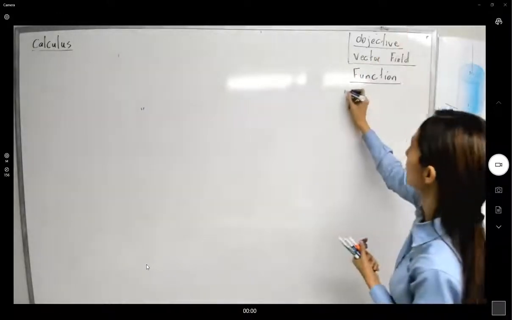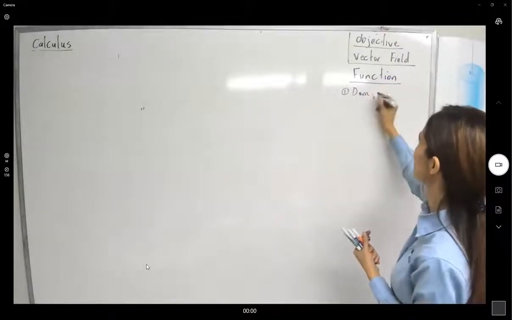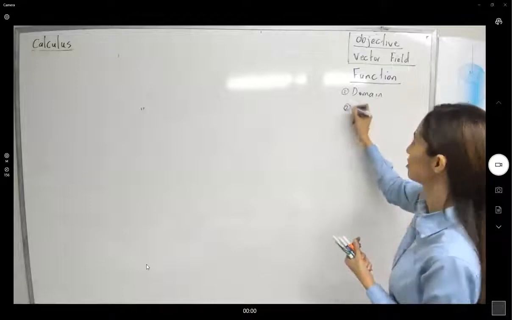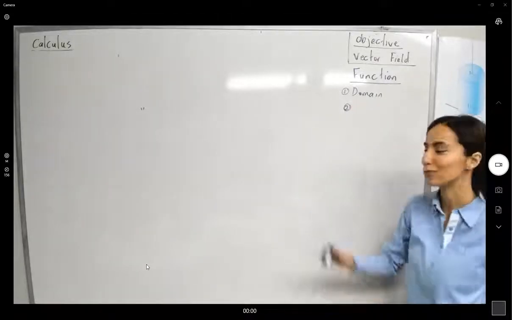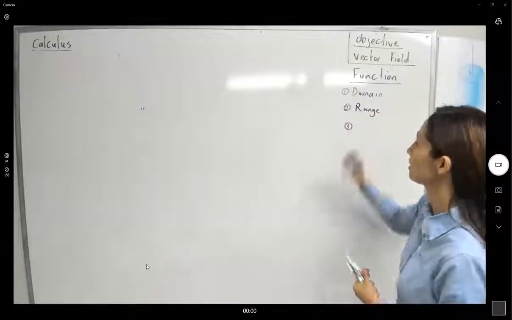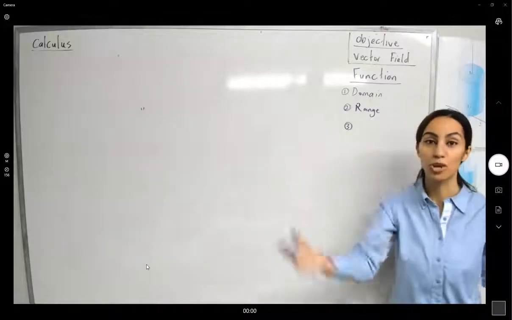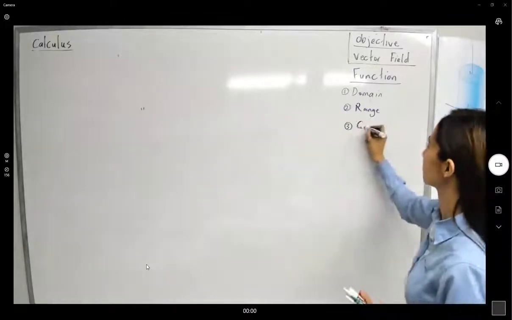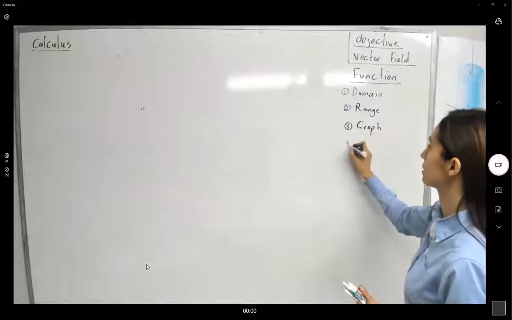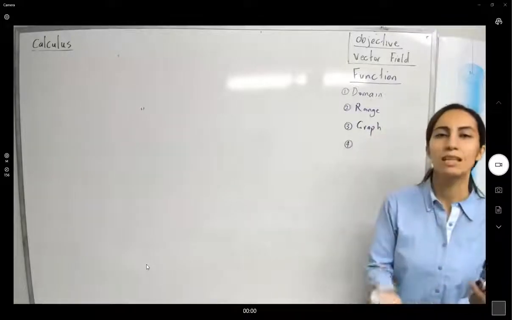First, the domain. What's the domain of that function? Then you're interested in knowing the range of that function. How do we analyze the range of the function? Then, of course, we want to know what's the behavior. How do we visualize that function, the graph? After that, we're interested in knowing that, well, what's the limit?